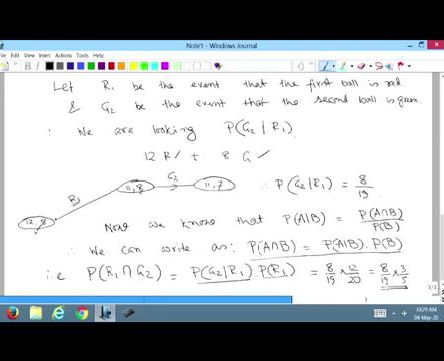That is how we get the probability of the joint occurrence of R1 and G2.